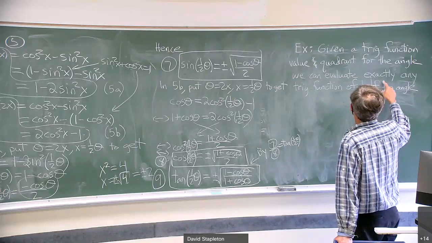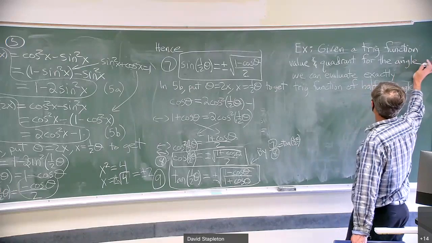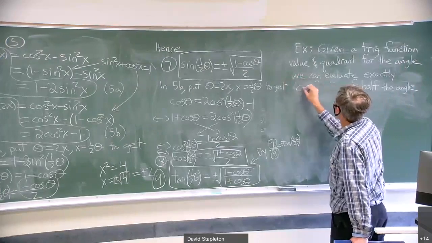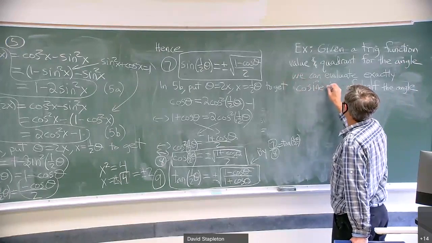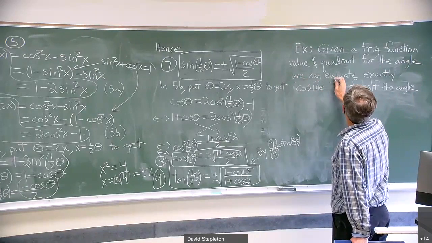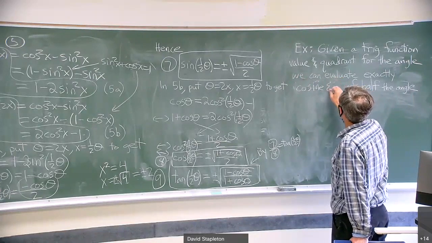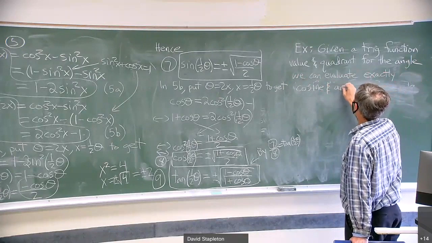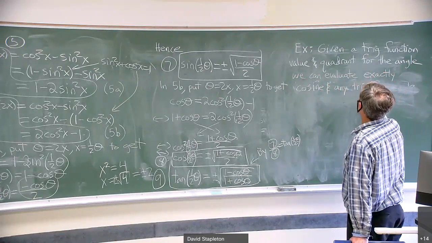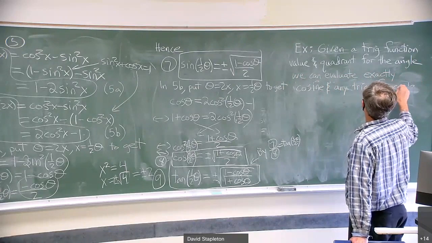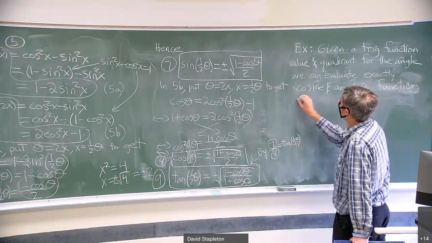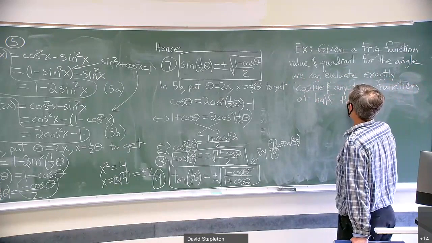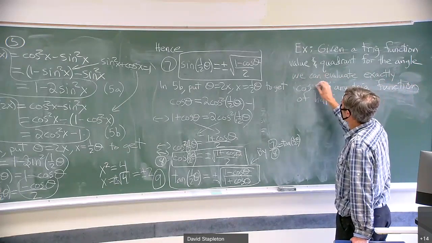So instead of evaluate any trig function, we can say we can evaluate cosine and any trig function of half the angle using cosine.